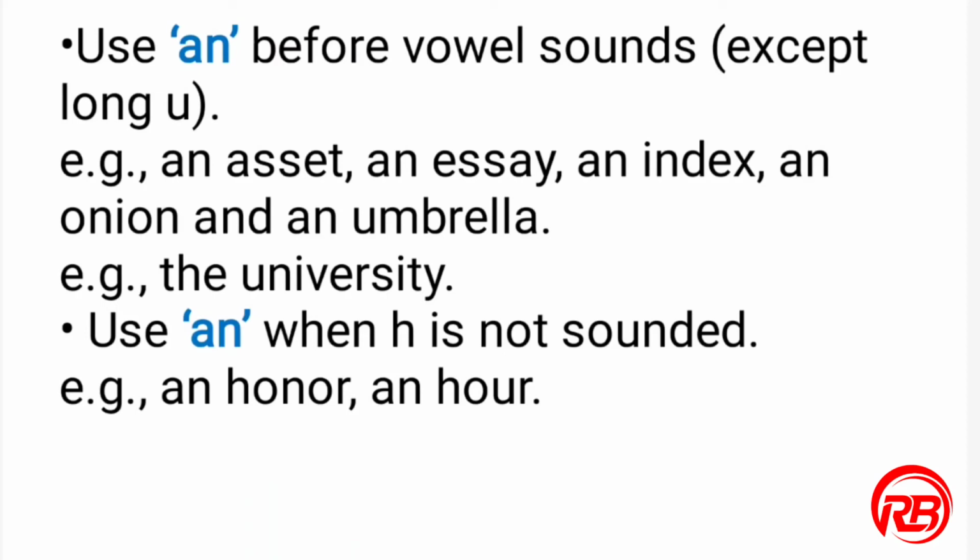We already saw that we apply a before consonant sounds, and now an must be applied before vowel sounds except long u. Example: an asset, an essay, an index, an onion, and an umbrella.